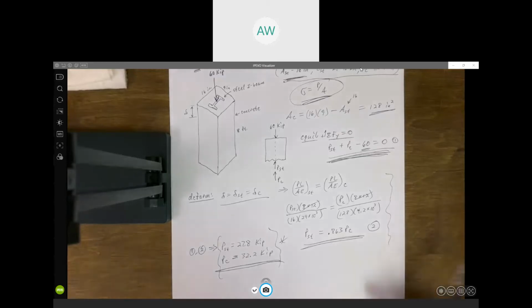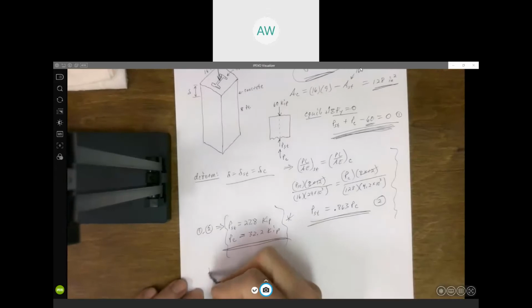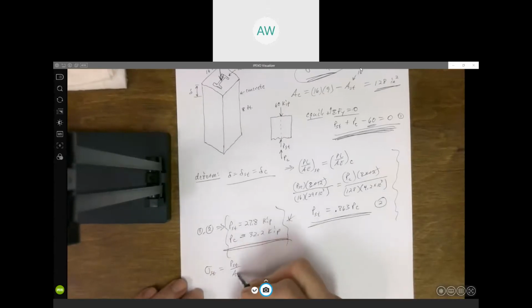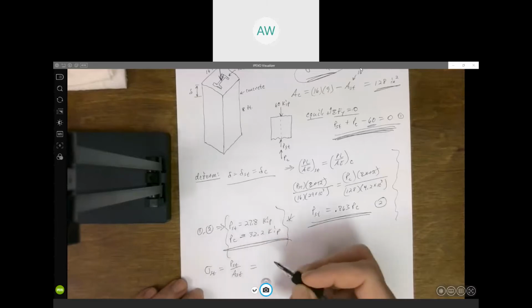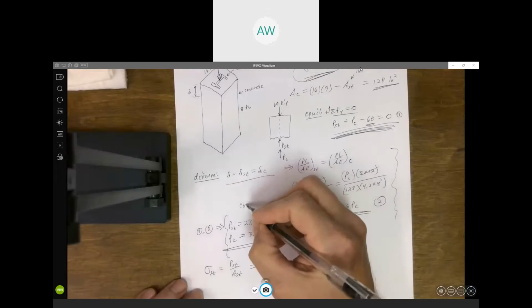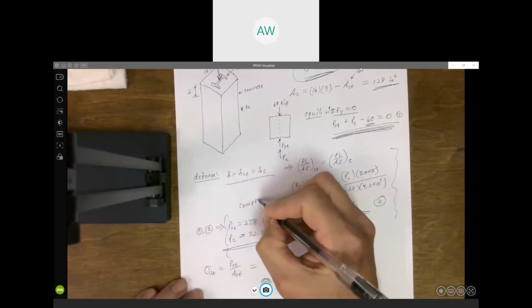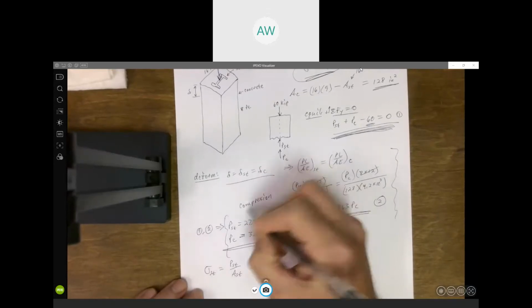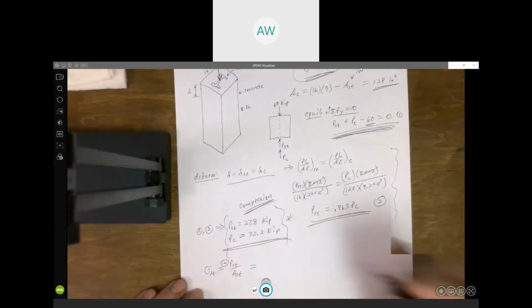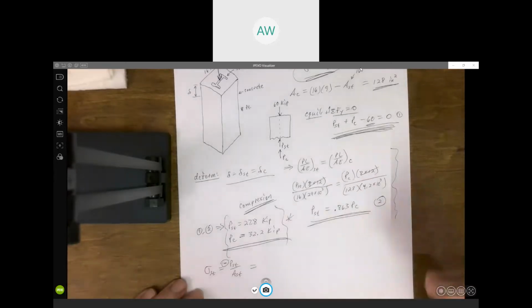So anyway, to get the stress in the steel, we just take the force in the steel over the area of the steel. Notice this is compressive, right? This is the compression. So if we're going to use plus and minus for tension and compression, we need to put our minus there.